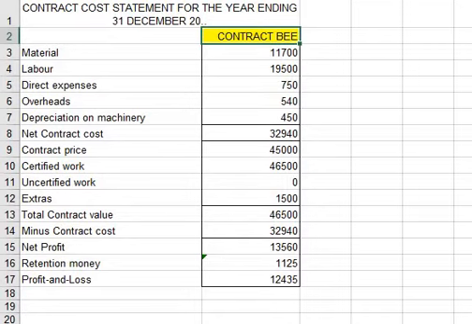We're doing BEE, so for overheads, we're going to take 20% of that. Retention money must be seen as provision for defects. Only 85% will be carried to profit and loss. Please note that.